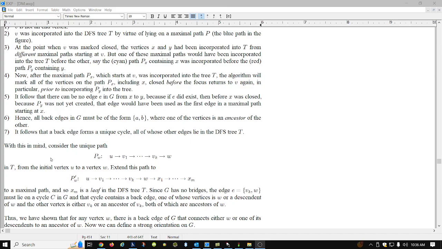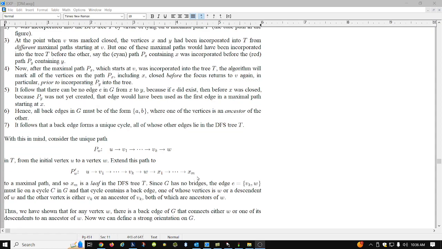So with this in mind, consider the unique path from the initial vertex U to some vertex W. Could be any vertex. We could extend this path from W following edges until we reach a leaf.